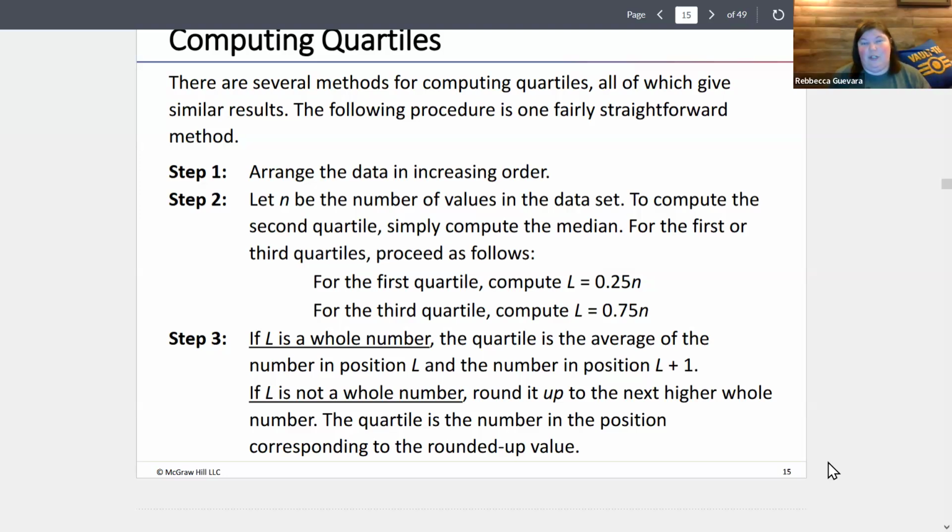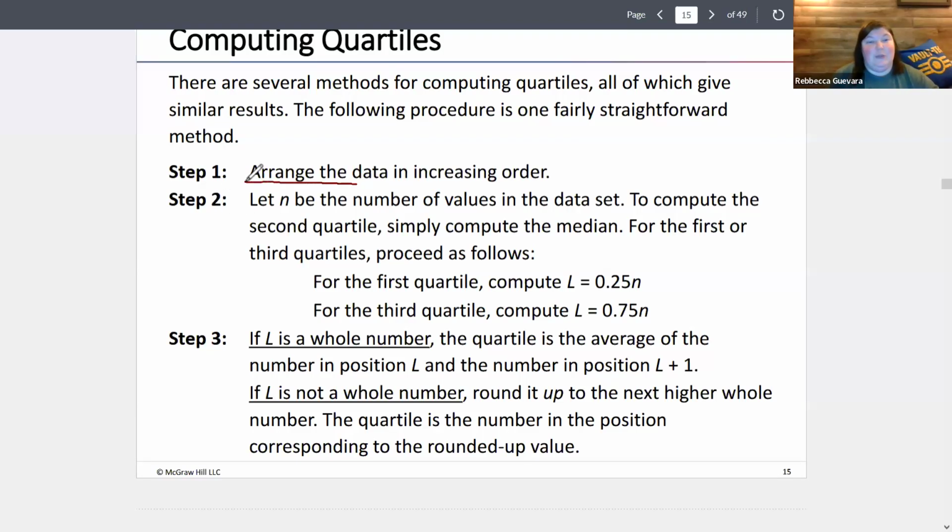So if you're doing homework with a calculator and it's saying your answers are wrong, try computing it by hand, just as a suggestion. Your book's method is the third one that I know of for computing quartiles. We're going to get similar results, but the numbers might be just slightly off.